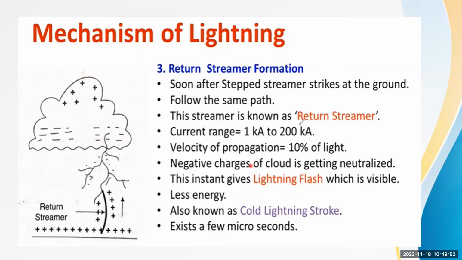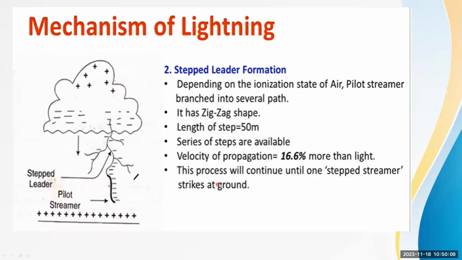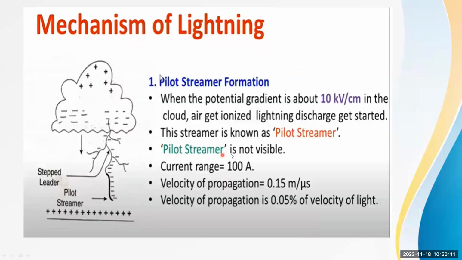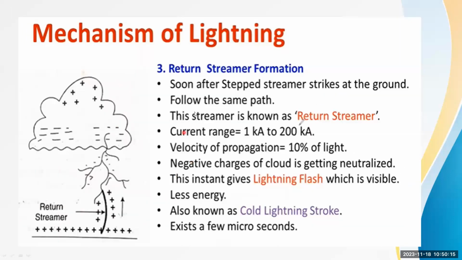At this instant it gives a lightning flash between the cloud and the ground, which is visible. The previous one, the pilot streamer, is not visible, but the return streamer formation is visible because of the huge current.